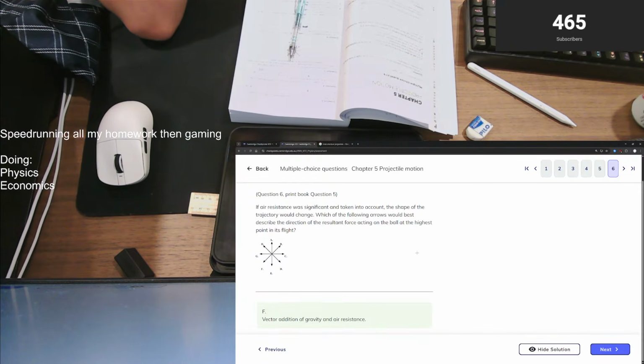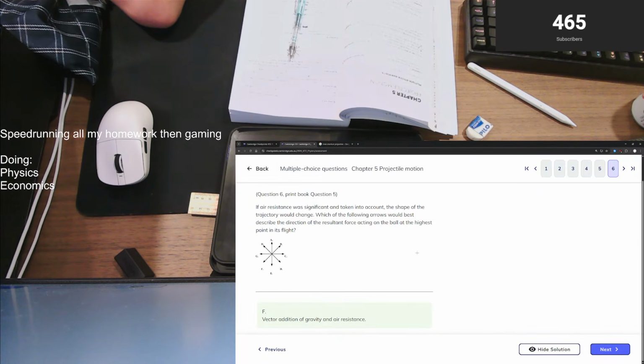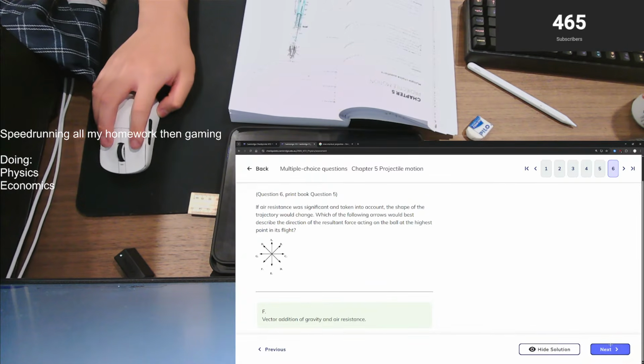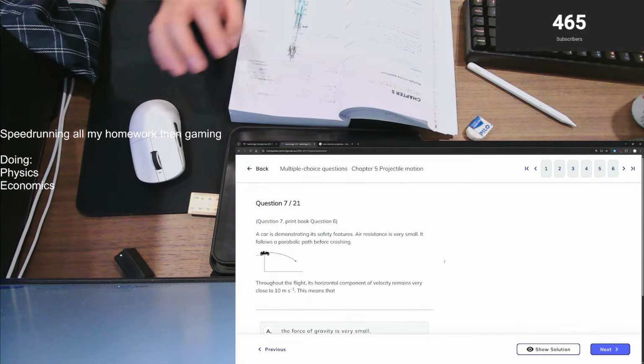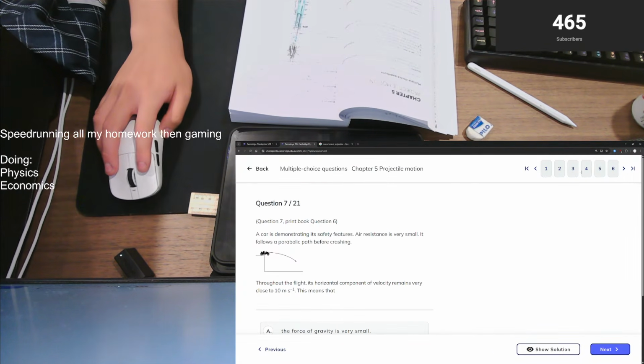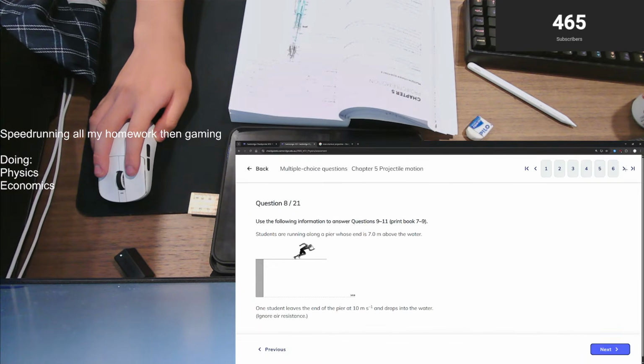Vector addition of gravity and air resistance. Oh wait, I think I get it.